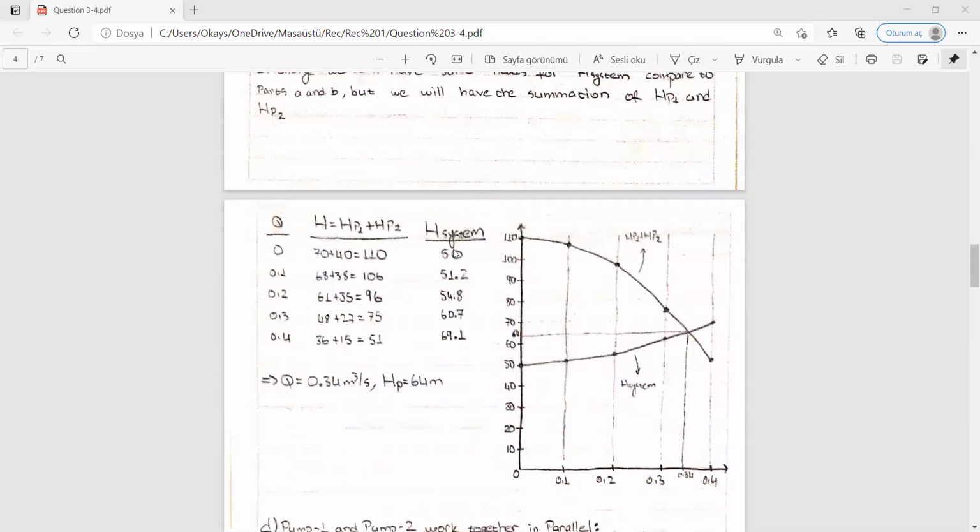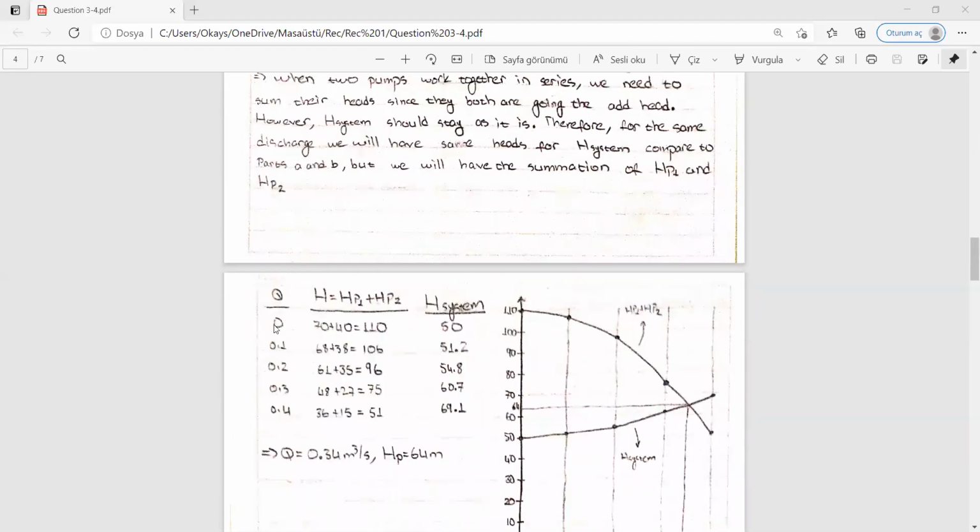Here, again, as I said, the discharge values won't change because the water flows through pump 1, then through pump 2. So it's the same amount of water, okay? Discharge value doesn't change, but since we have two pumps this time, their heads will add together.